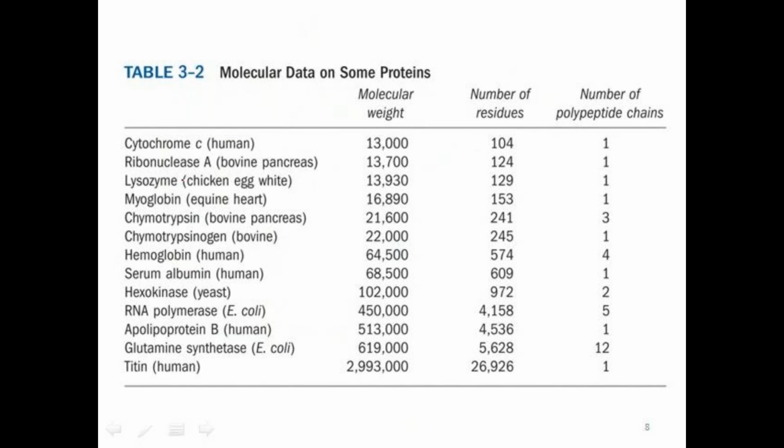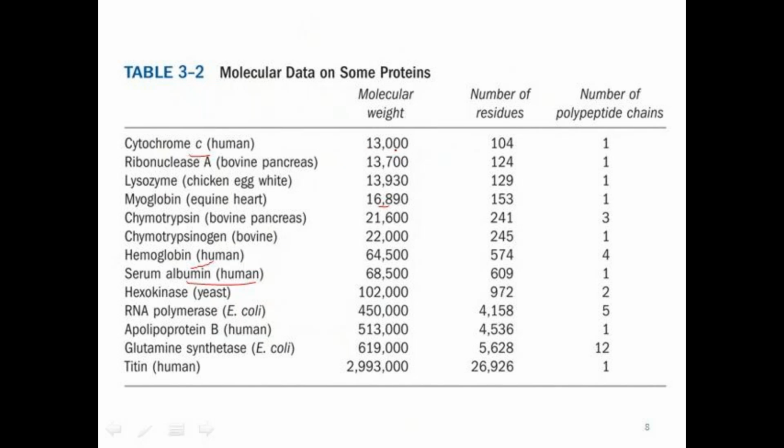Here you have to remember mainly the molecular weight of myoglobin. Several times this one is asked. The molecular weight of myoglobin, cytochrome C, hemoglobin, and serum albumin, you have to remember these molecular weights.